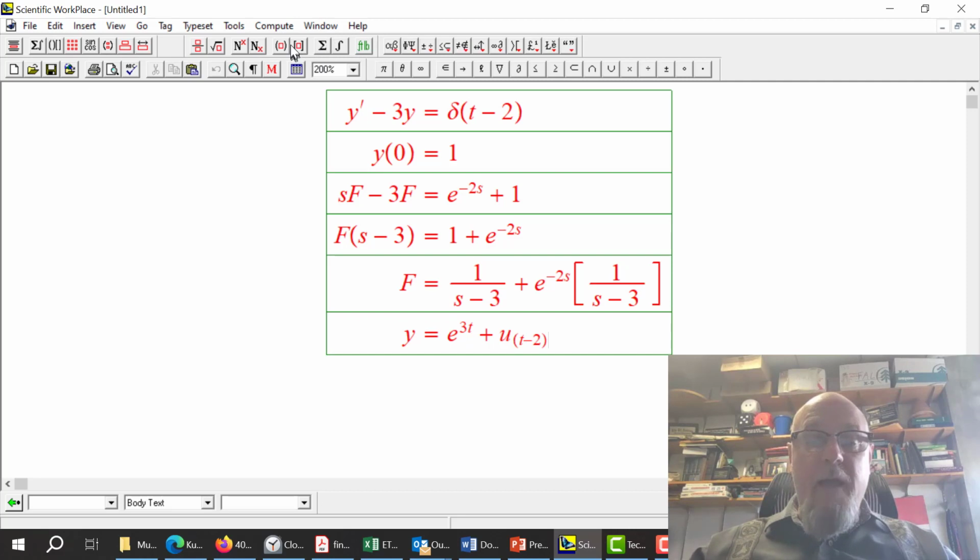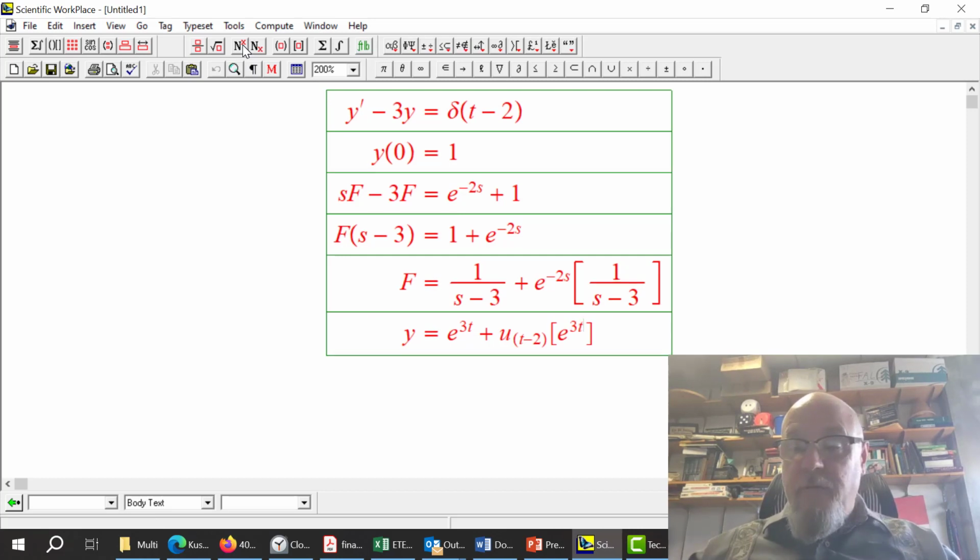And then square bracket, 1 over s minus 3, we already know would on its own unLaplace to be e to the 3t, but I want the argument inside the square bracketed piece to match the argument of the Heaviside step function. So everywhere there was a t, I put a t minus 2.